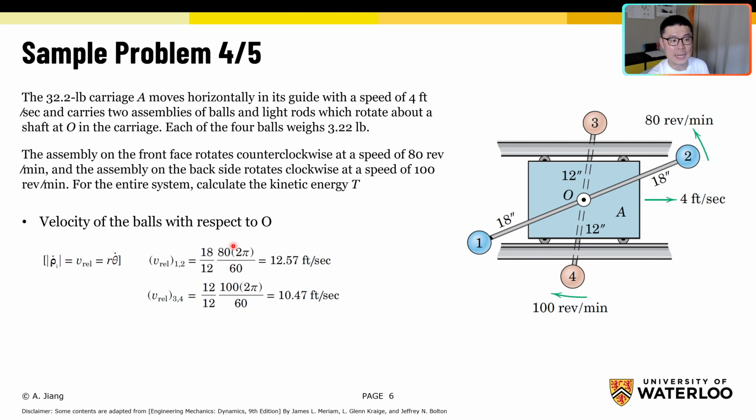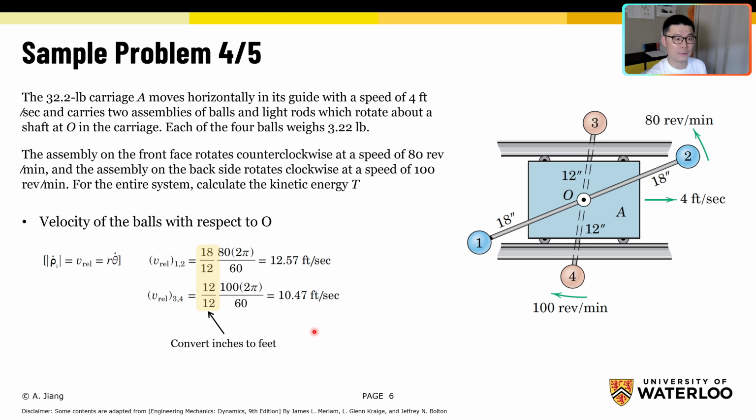The velocity, as you should recall from chapter 2, the curvilinear motion, tangential velocity equals radius times omega, or v equals r omega, or v equals r theta dot. Therefore we are also multiplying the radius here, but we're converting the radius from inches to feet.